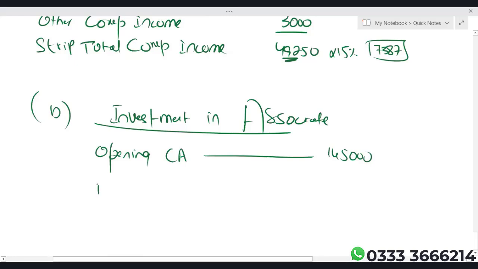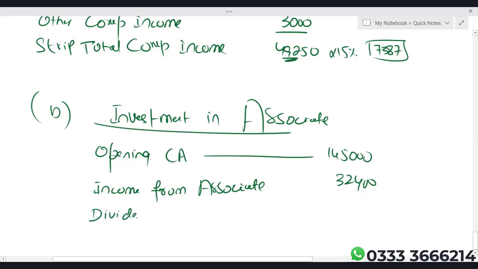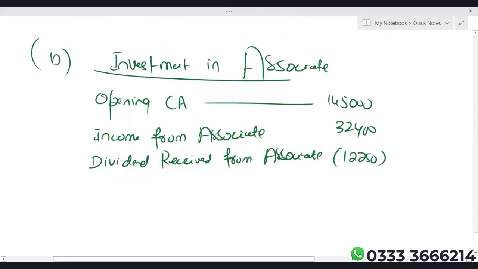Add income from associate, that is share in associate PAT, which is 32,400, we have already calculated. Then simply deduct dividend received from associate. This is 12,250.